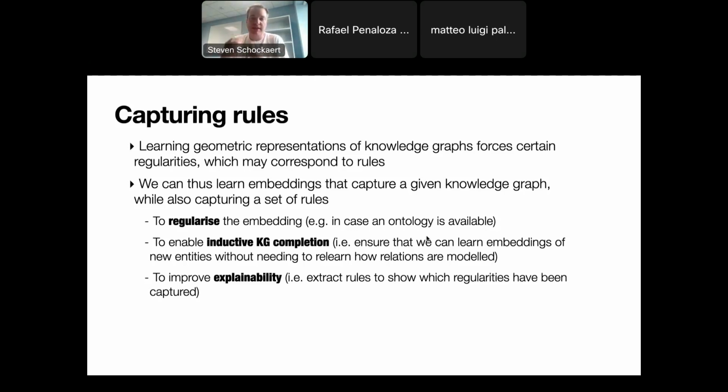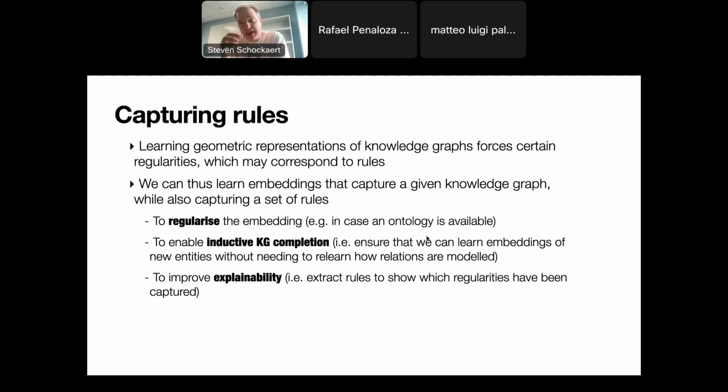We want to make sure that we can deal with these new entities by just learning additional entity embeddings without having to relearn the rest of the knowledge graph embedding model. Intuitively, that can only work if the knowledge graph embedding model is rule-like, and this is something that we want to explore as well. Explainability is another advantage.